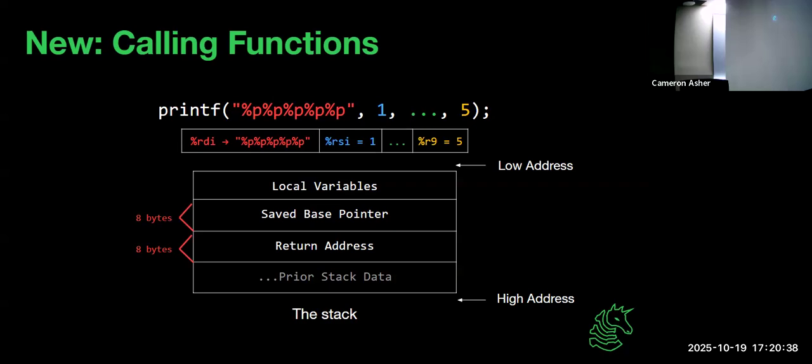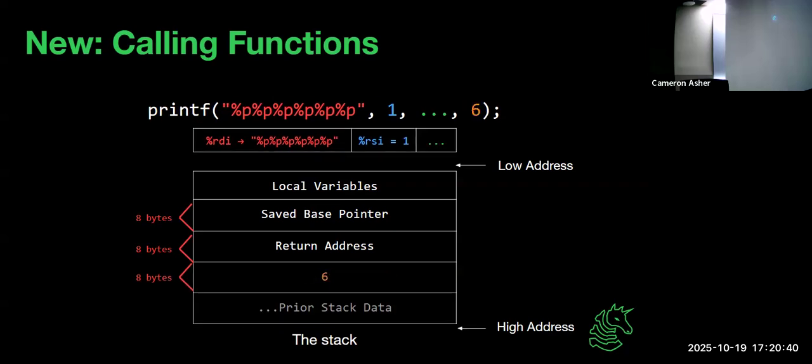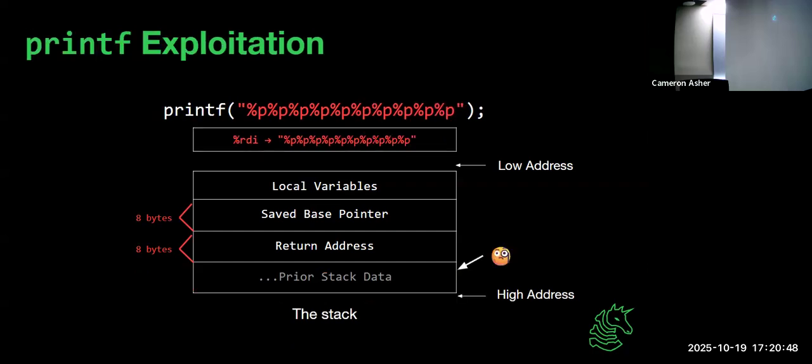But then after that, we're going to run out of registers because there's only a certain number of registers. So the arguments start spilling over into the stack. And what this means is if we have a format string with a bunch of these specifiers, it's going to read the first few registers for the first few format specifiers, but then afterwards, it's going to start reading down the stack and reading the stack data.